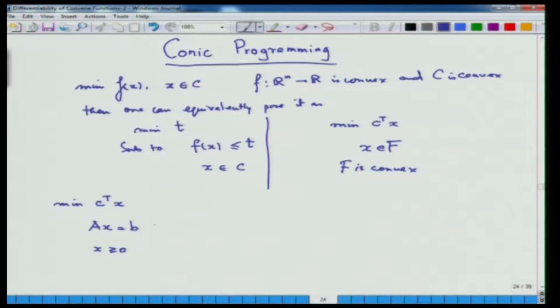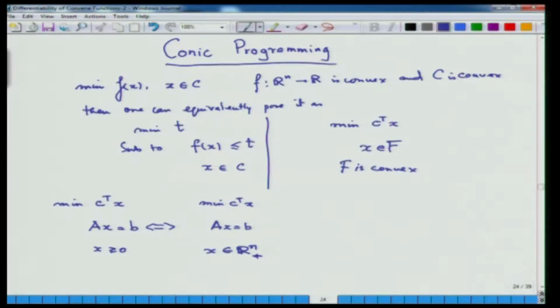I can now equivalently write this problem as: subject to Ax equal to b and x an element of Rn plus. If you observe, this convex set is a polyhedral set, because it can be expressed as an intersection of half spaces and hyperplanes. So, a linear programming problem is minimization of a linear function over a polyhedral convex set.